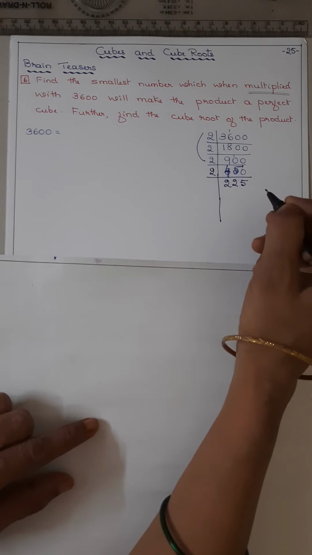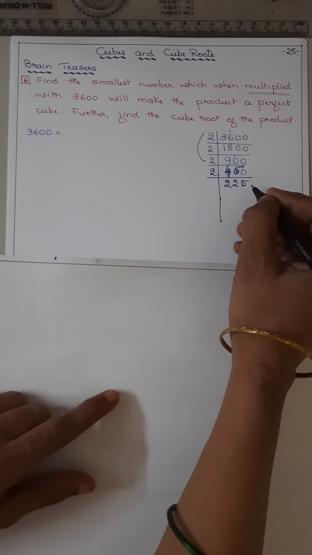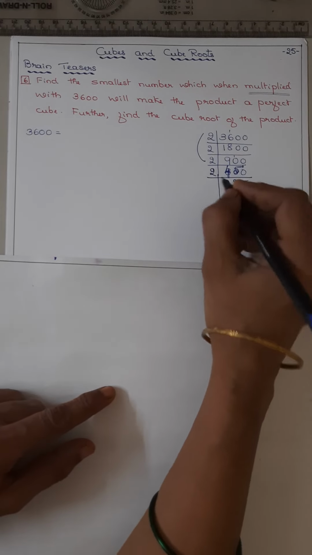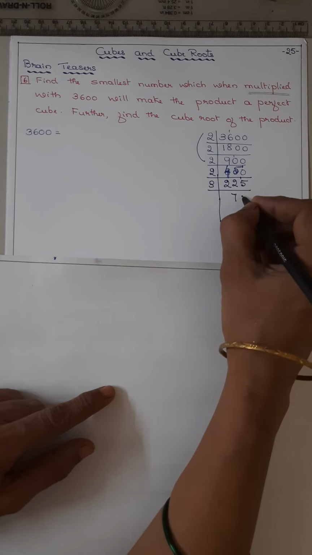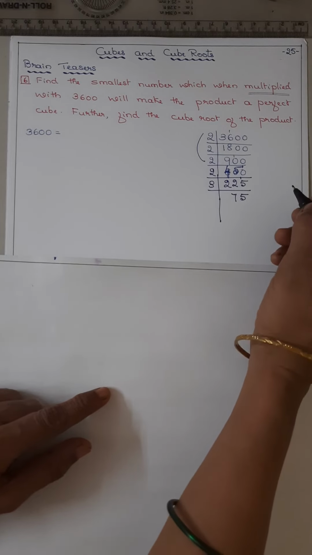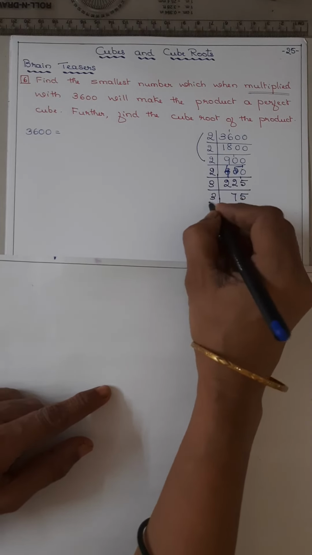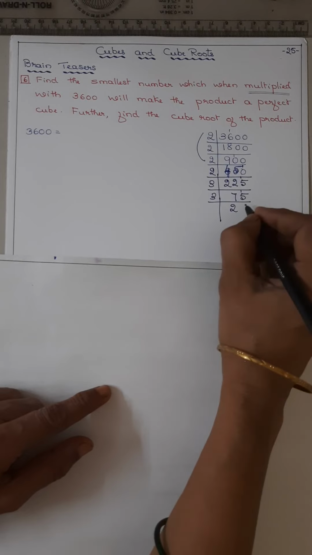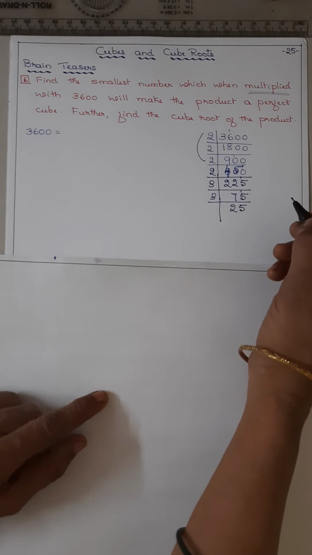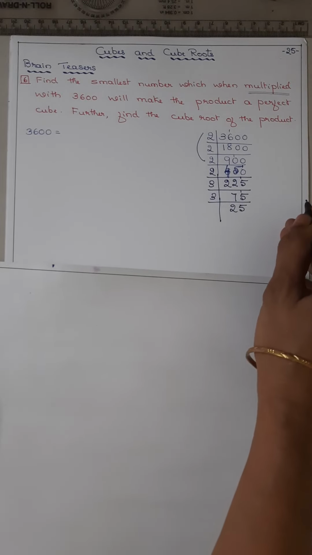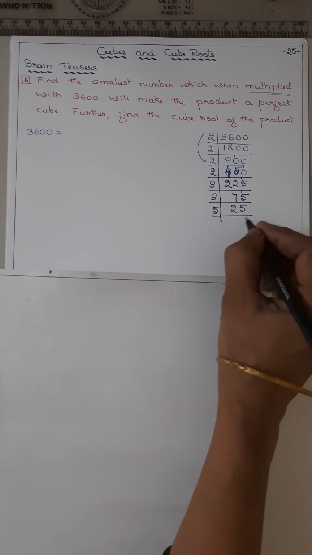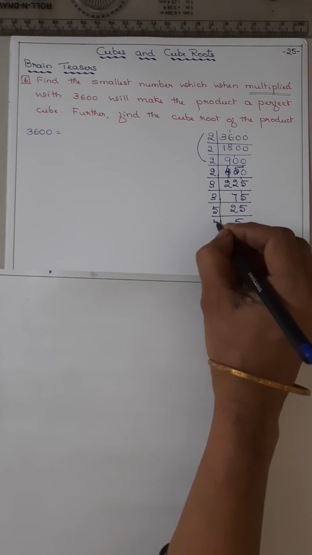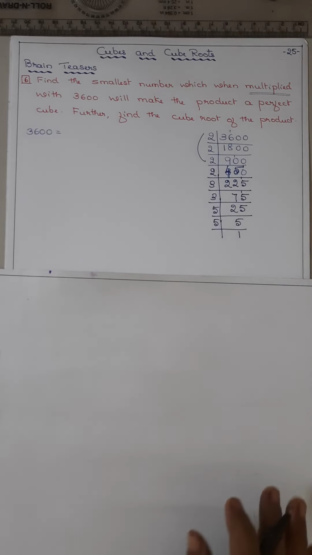Now not with 2, you have to try with 3. 3 7s are 21, 1 remains, 5s are 15. Again 3 2s are 6, 1 remains, 5s are 25, you got 25, that means 5, 5s are 5, 1s are.